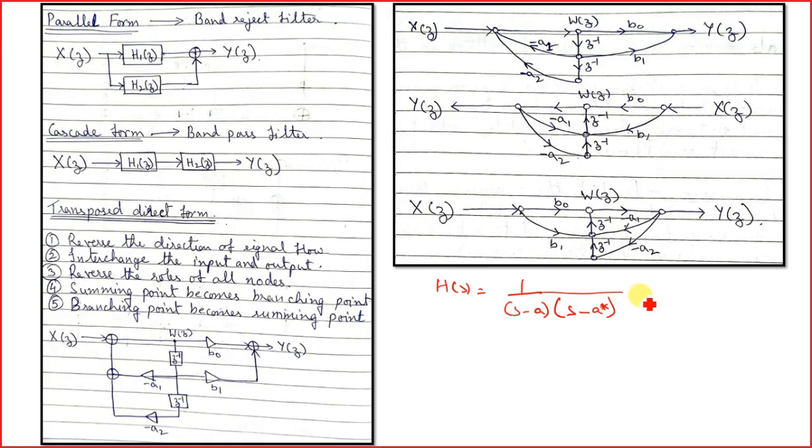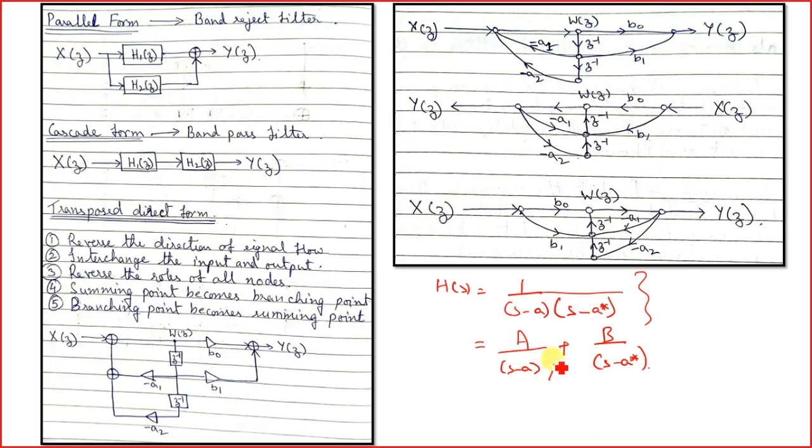So if I say realize this in parallel form realization, what you have to do, you have to convert it through partial fraction into 1 by s minus a plus 1 by s minus a conjugate term, or whatever the terms are there.